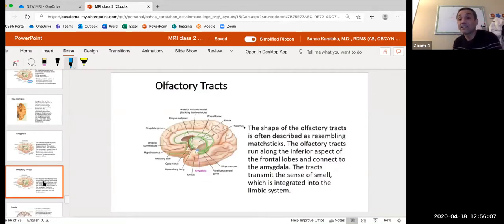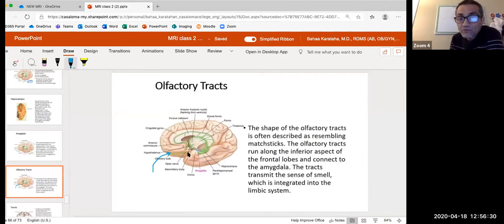They get inside your cranium, carrying the sense of smell. So you understand that the sense of smell comes this way through your nose and is going to end where? Inside of your cranium. That sense of smell will be carried by the olfactory nerve.